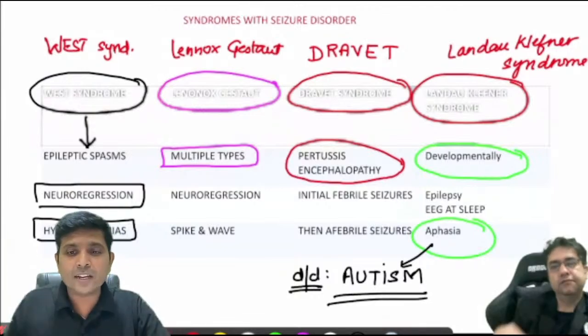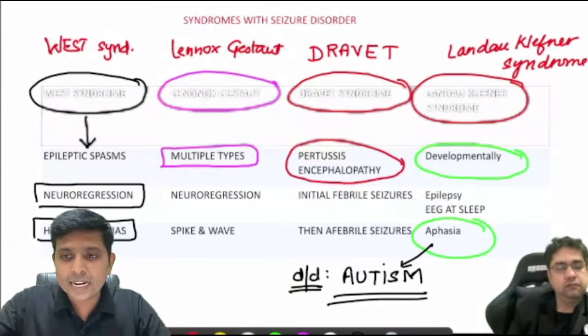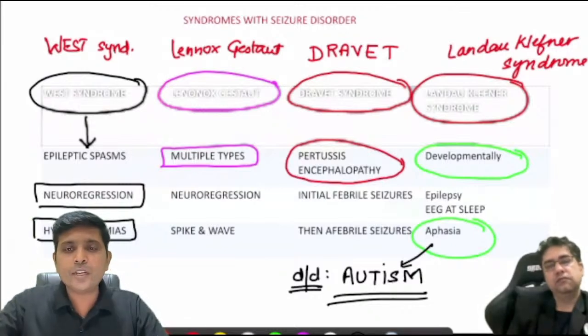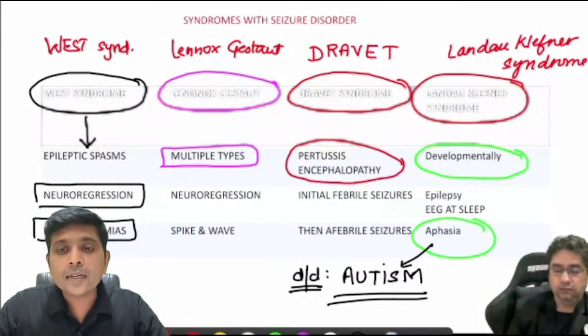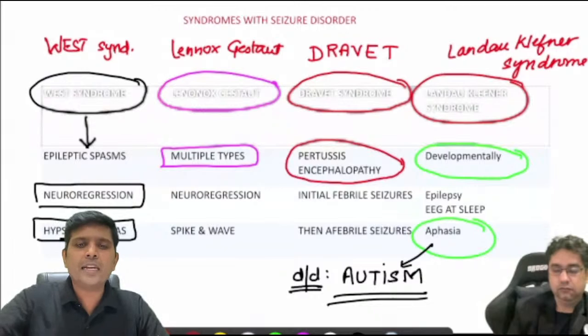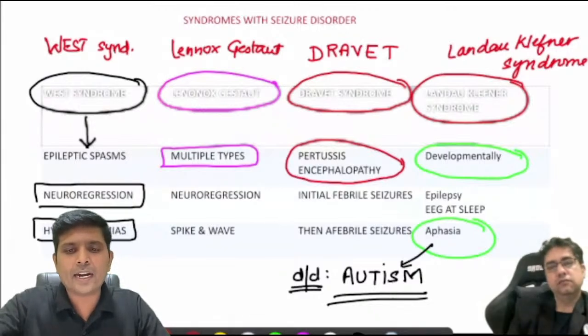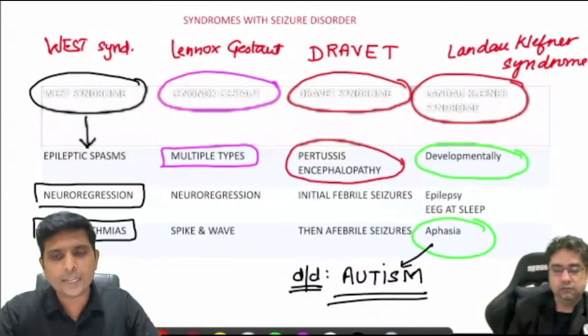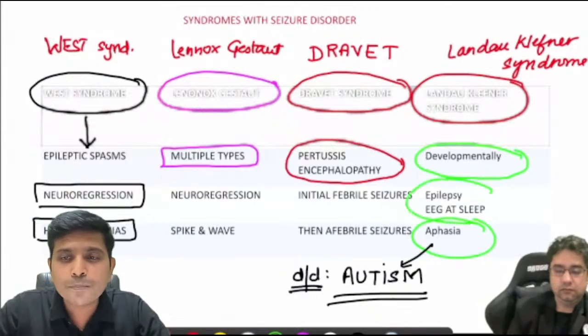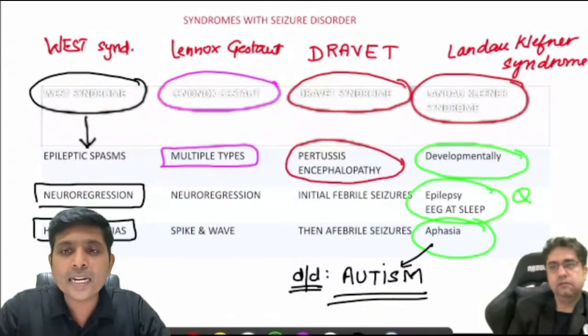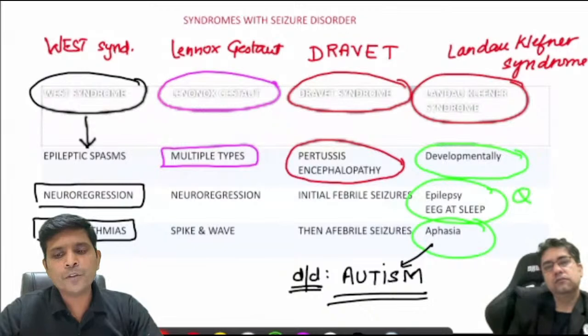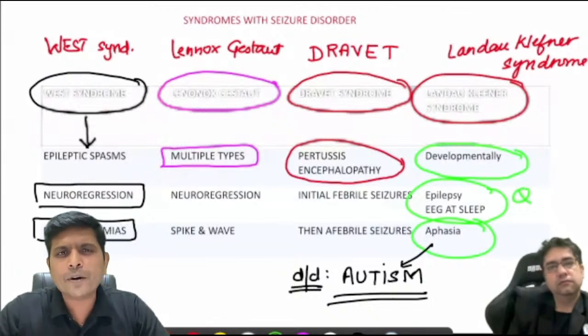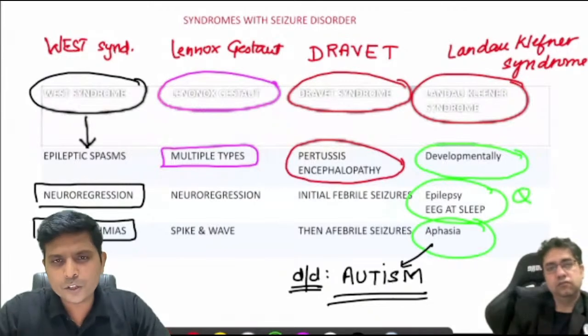Remember, my dear friends, seizure is often silent and occurs during sleep. That's why EEG during sleep should be taken in Landau-Kleffner syndrome. I repeat, EEG should be taken at sleep in Landau-Kleffner syndrome. So these are all the 4 important syndromes that you need to know with respect to seizure disorder.